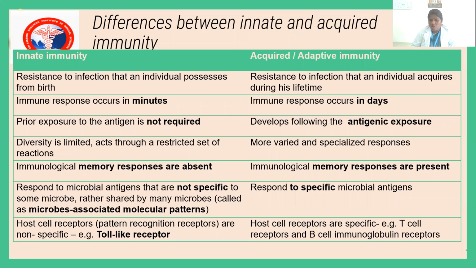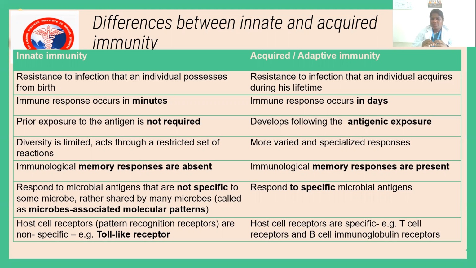Because of this long process, it has memory, and it is specific: T cells react to some antigens, B cells react to others. There is specificity compared to innate immunity. It has the T cell receptor and B cell receptor, whereas innate immunity has a toll-like receptor, which is called a pattern recognition receptor.